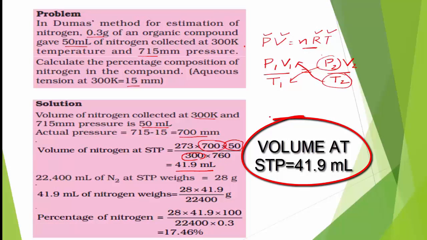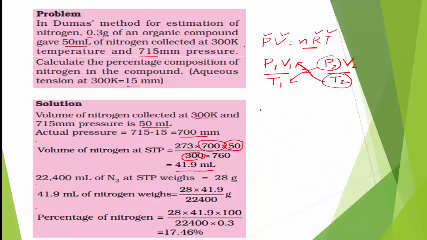Now we can use the relationship that at STP 1 mole of any gas has 22.4 liter of volume, which is equivalent to 22,400 ml.